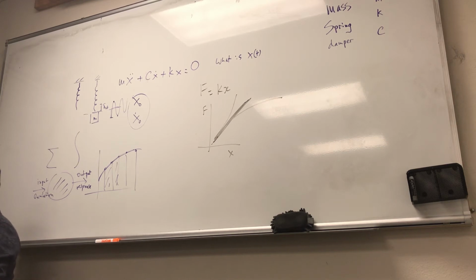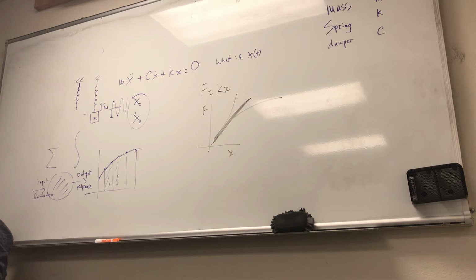You can use standard methods for solving differential equations, which I don't know how many of you remember: the characteristic equation, getting the roots, putting it in the general form, and then applying the initial conditions. It's kind of a boring set of steps, but it takes you to the result. Or we can do them using the Laplace transform method.